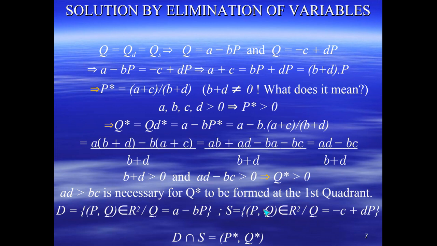Supply is also a set of PQ values, price quantity pairs, all elements of R square, which means all are real numbers, so that Q equals minus C plus DP. You see, D is the demand equation, S is the supply equation, represented as sets. And what is equilibrium? Where these two sets intersect, the intersection of D and S. It is P star, Q star. One point here. It can be many points as well if the equations are not linear.